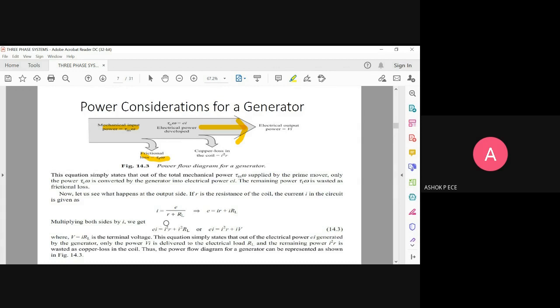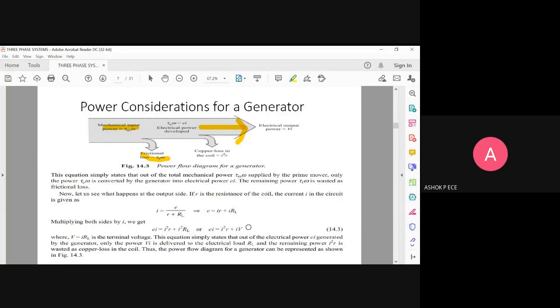I square R is going to be the copper loss, and I can write I into RL as capital V. So I can write EI is equal to I square R plus IV. Okay, so from this equation it is clear that total available power is EI, but only VI is available because the I square R loss will be subtracted. It will be wasted as the copper loss in the coil.